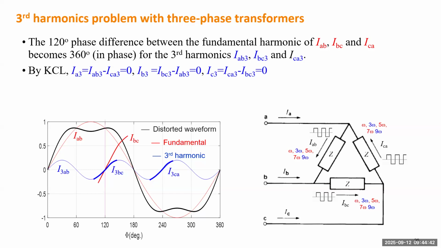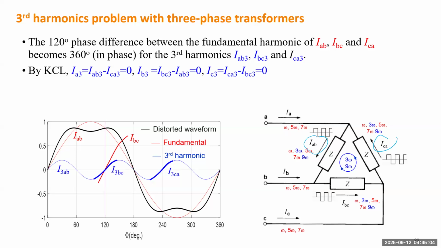Which is not the best thing for this delta connected circuit, because if the third order harmonics of IAB and ICA add to each other, it means they are fully trapped by the delta connection. They never escape from the delta, because this third harmonic is equal to that one.